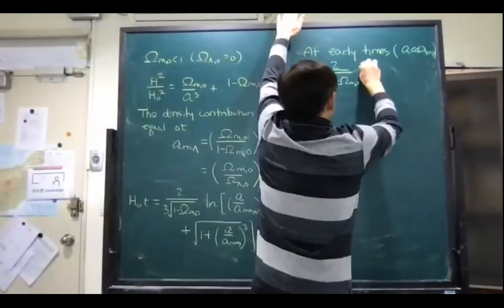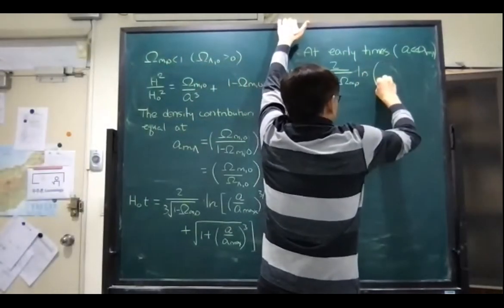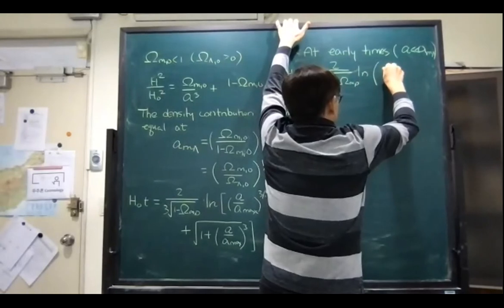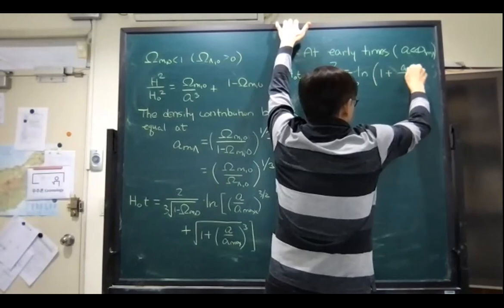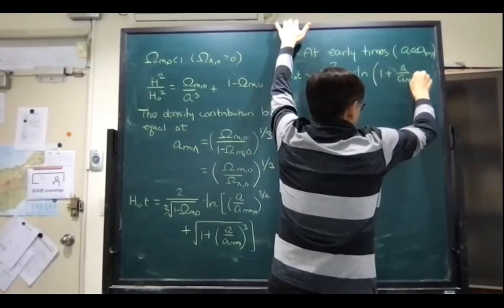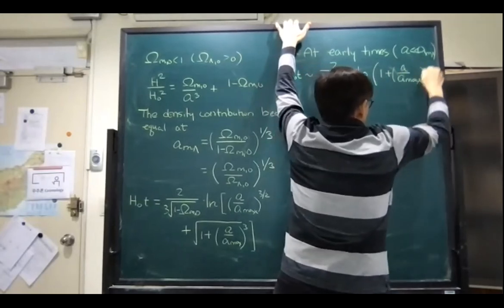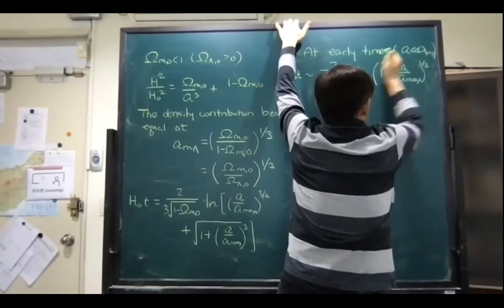This is log of 1 plus a over a max to the power of 3 over 2.